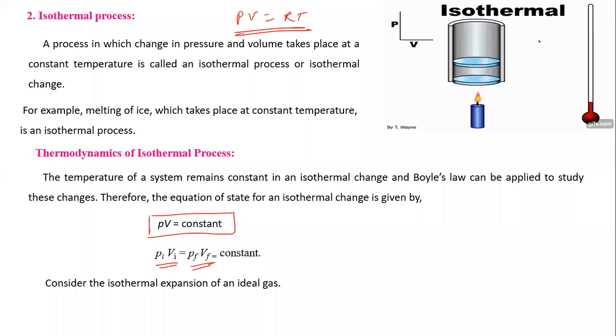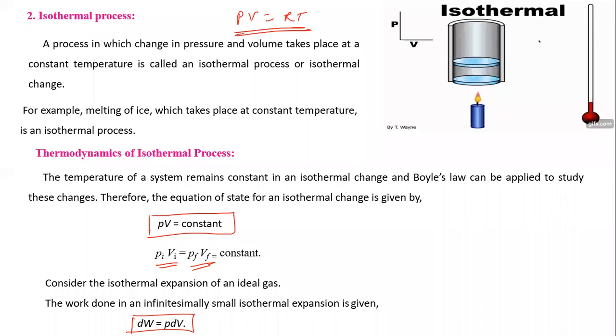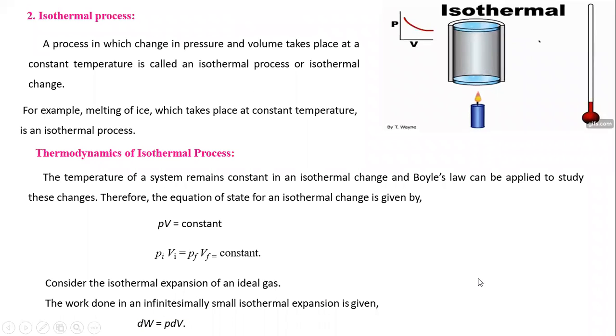So consider isothermal expansion of an ideal gas. The work done in that case is given by the formula PdV. This is the work done. You can see here an example of an isothermal process. Pressure is inversely proportional to the volume.